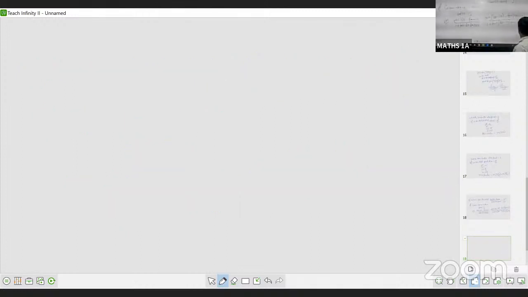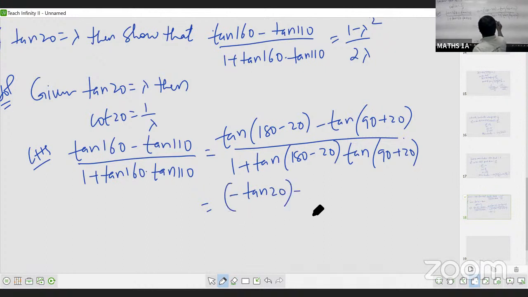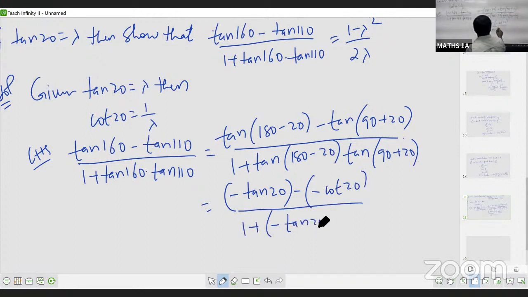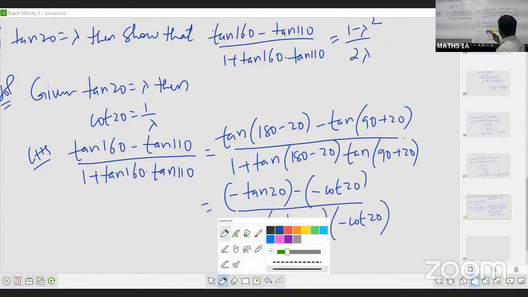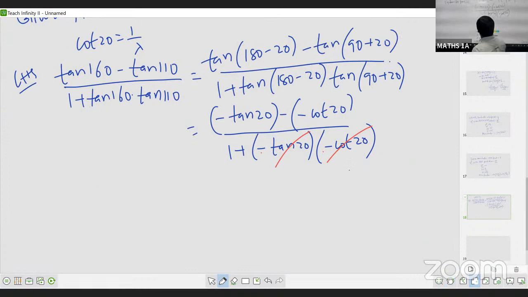Is it clear? Tan of 180 minus theta is minus tan 20. Tan of 90 plus theta is minus cot 20. But cot and tan are reciprocal to each other, so the tan gets cancelled, and minus into minus becomes plus. Clear?